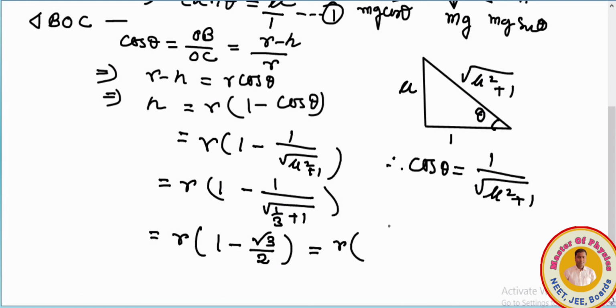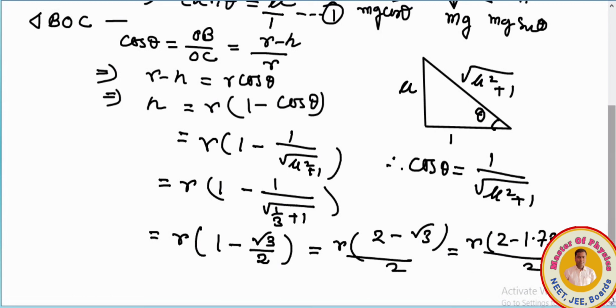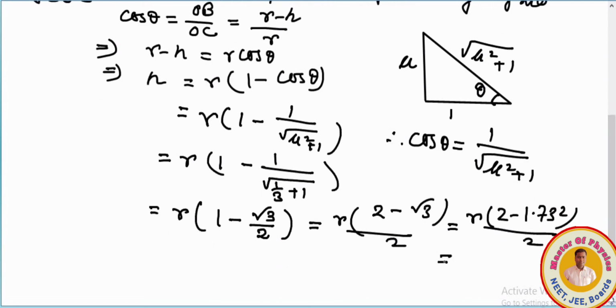Then R into 1 minus root 3 by 2 equals R into 2 minus 1.732 by 2, and this gives our final result, 0.134 into R. This is our height h. Therefore h equals 0.134 into R.